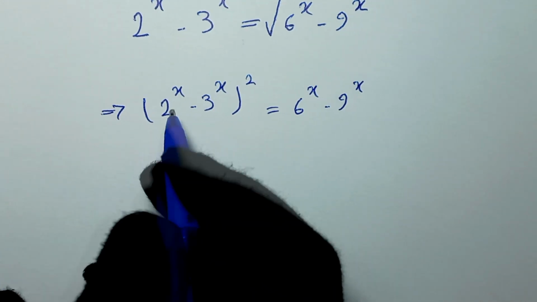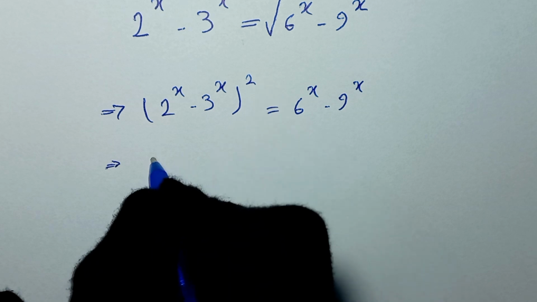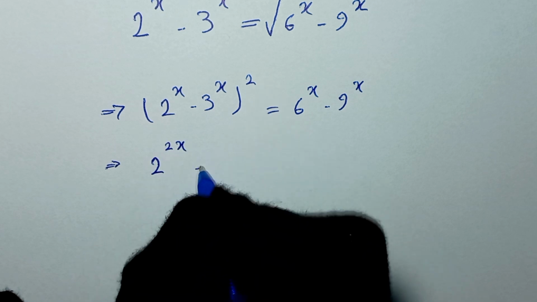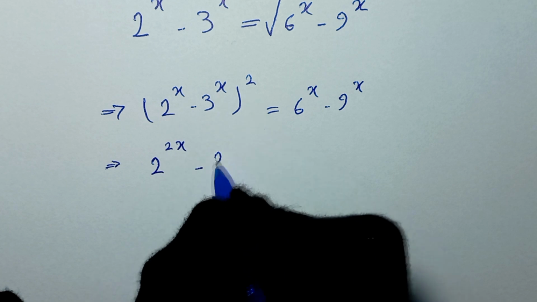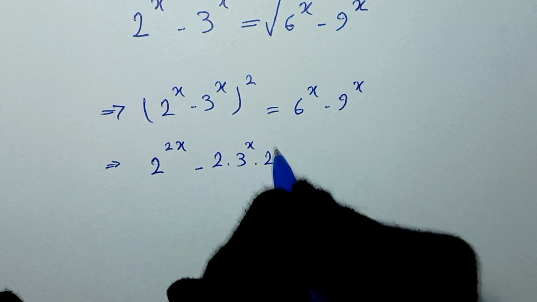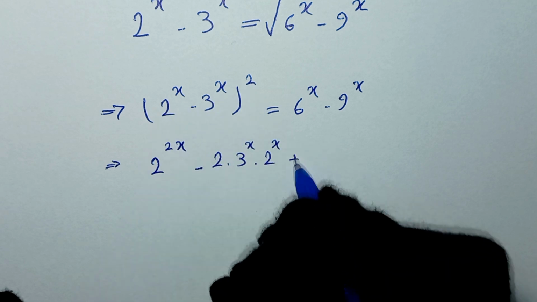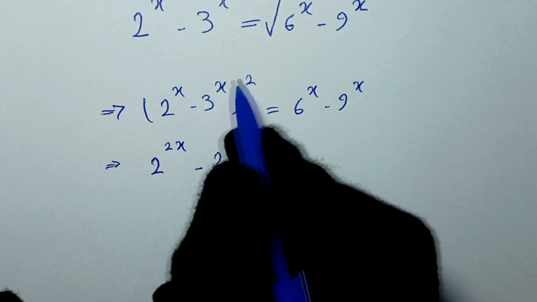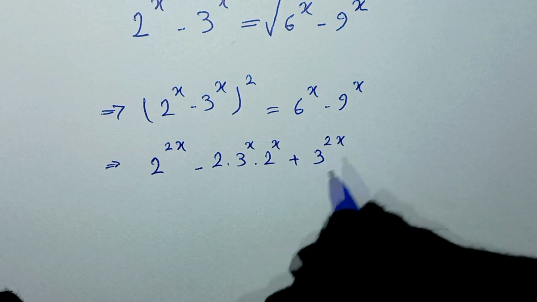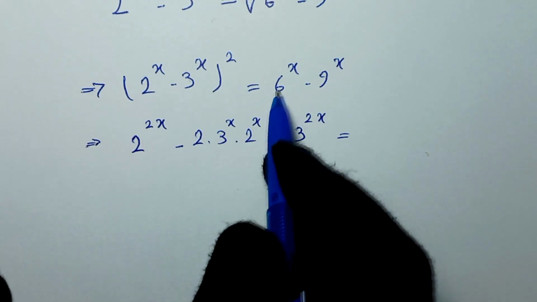And in here, we expand this, it will be 2 to the power of 2x, and minus 2 times 3 to the power of x times 2 to the power of x, right? 2 times this, and plus this to the power of 2, it will be 3 to the power of 2x is equal to, in here we have 6 to the power of x.